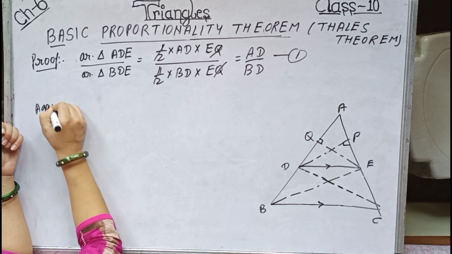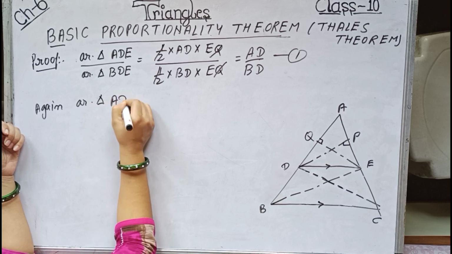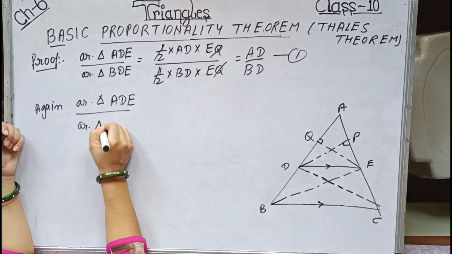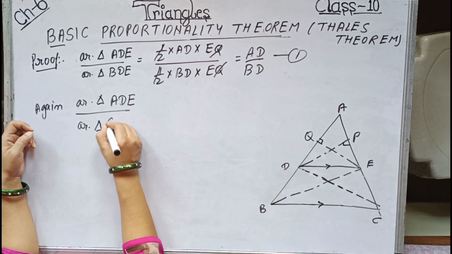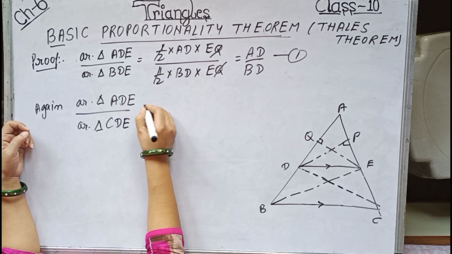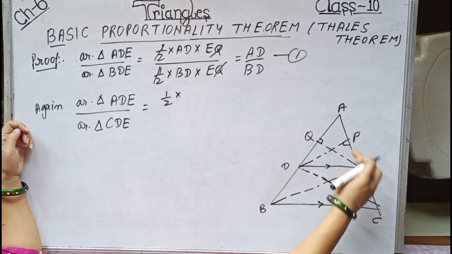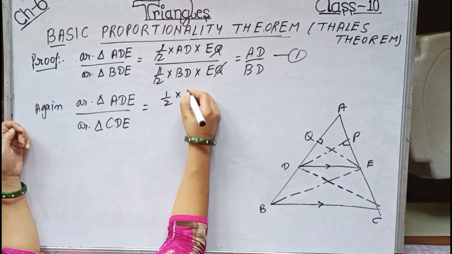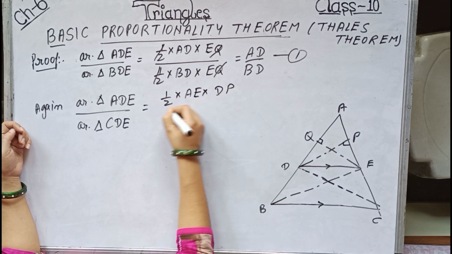Again, area of triangle ADE by area of triangle CDE will be equal to half into, now for ADE taking AE as the base and DP as the altitude, so half into AE into DP.